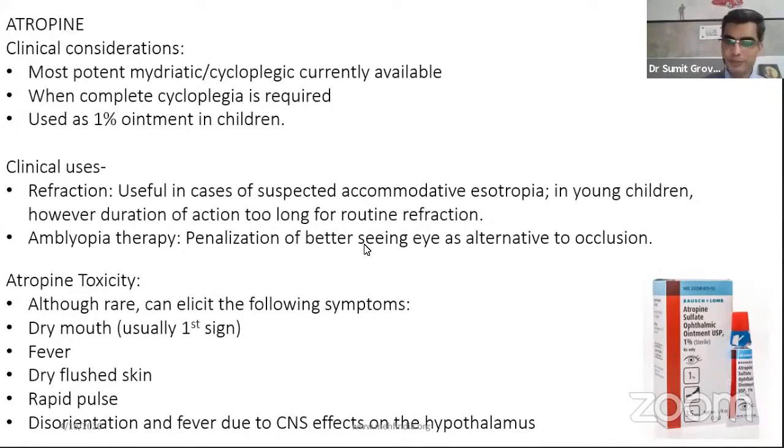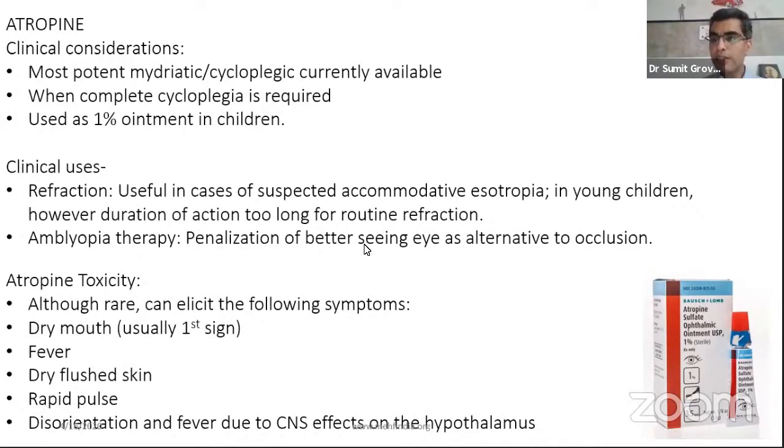Now I'll tell you what advice we give. Usually we give atropine 3 times a day for 3 days, and we advise the mother to take the atropine ointment less than the size of a grain, not more than the size of a grain of rice.